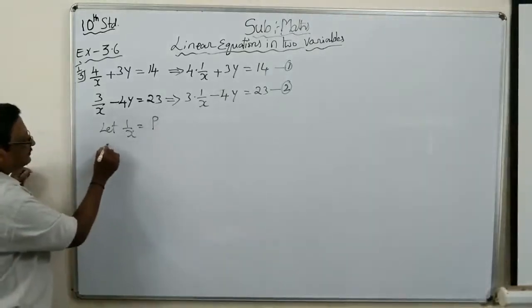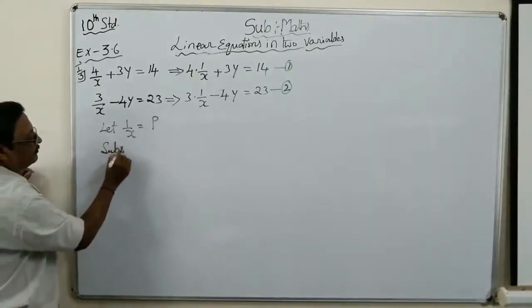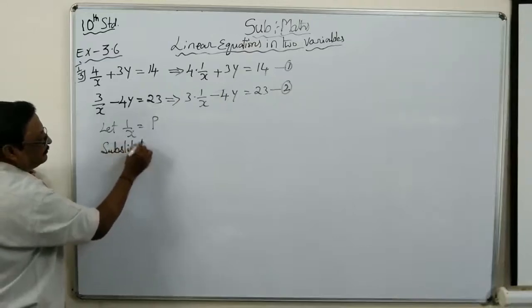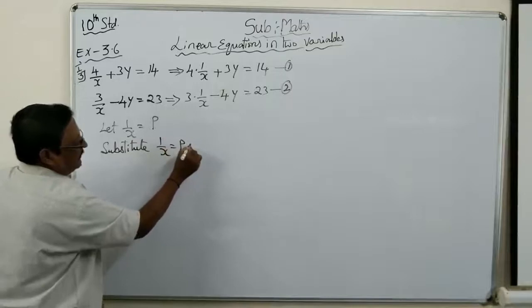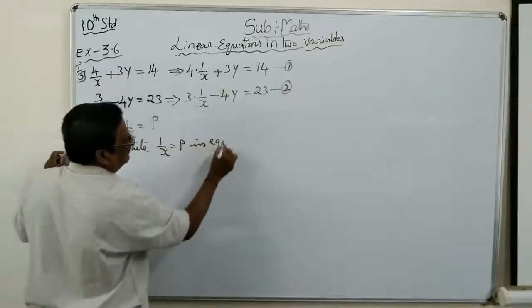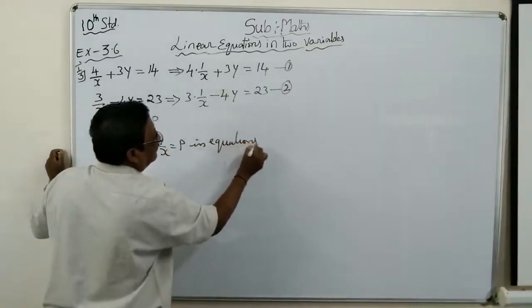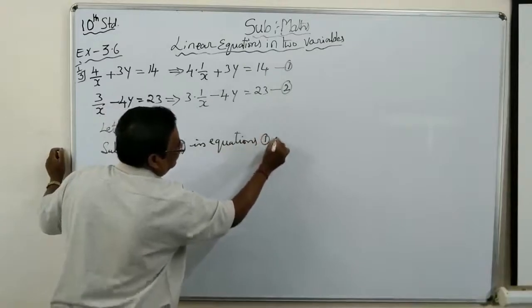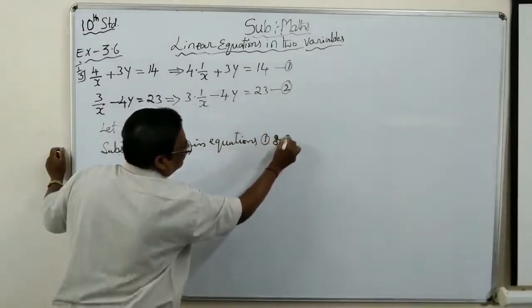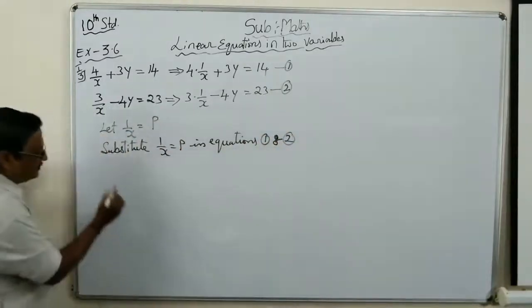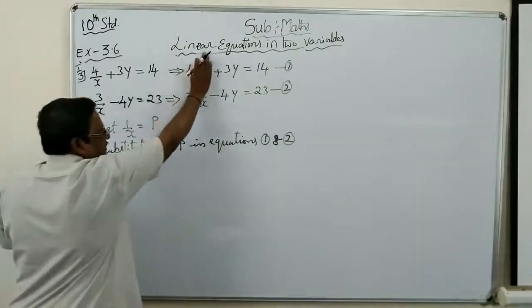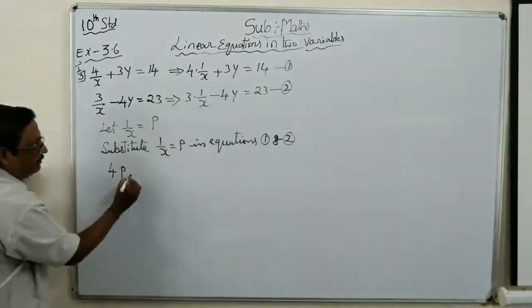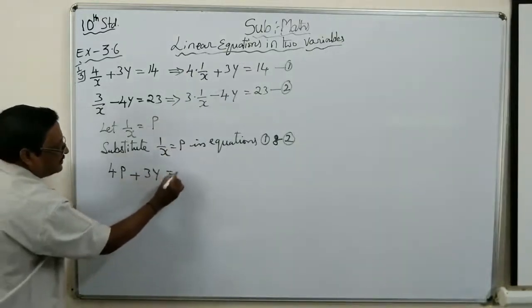Substitute 1 by x is equal to p in equations 1 and 2. 4 into 1 by x is nothing but 4 into p, so instead of 1 by x we write p: 4p plus 3y is equal to 14.